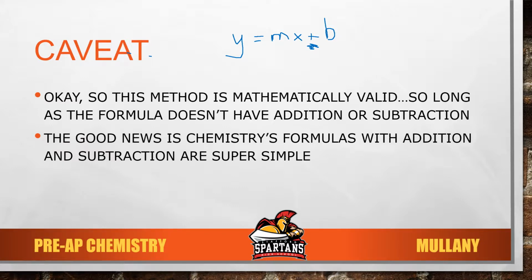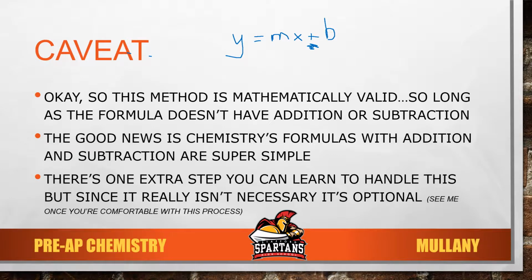So we'll keep it simple today, but once you get comfortable with this, once you get bulletproof on this process, just come see me, and I will be happy to show you the one extra step to add, and you'll be able to do that with all formulas, including those with pluses or minuses. But for now, with what we learned today, please understand that you can't really do it yet if there's a plus or a minus in the formula.